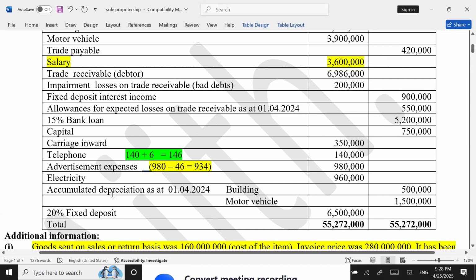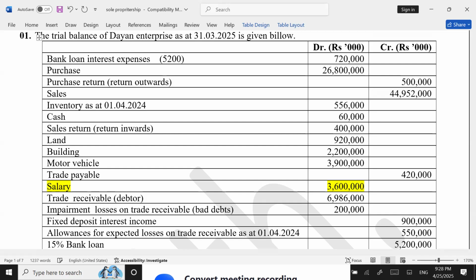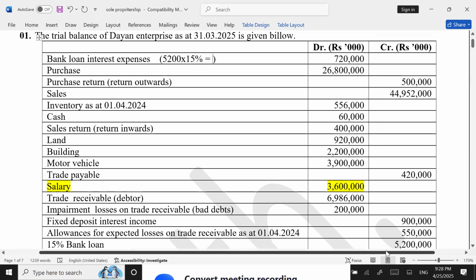It has given loan interest also from the beginning. Here loan interest available is 720, and the bank loan value equals 5,200. Therefore, loan interest as expense should be considered as 5,200 into 15%. The loan value equals 5,200, available in the trial balance here.